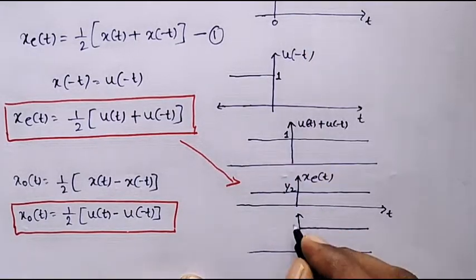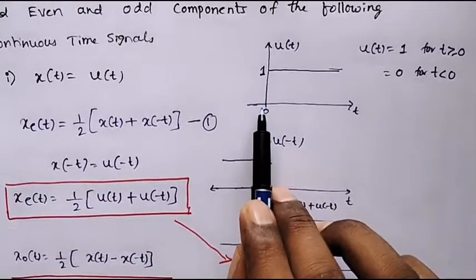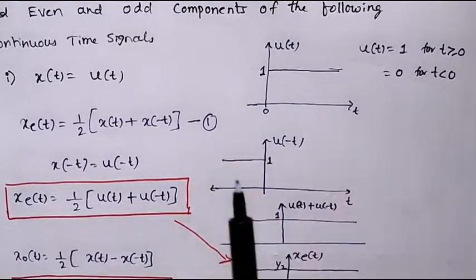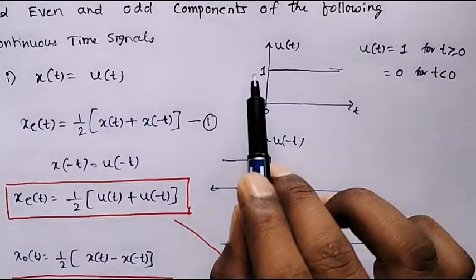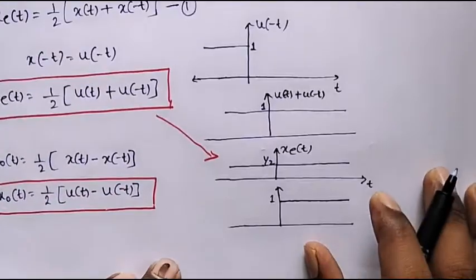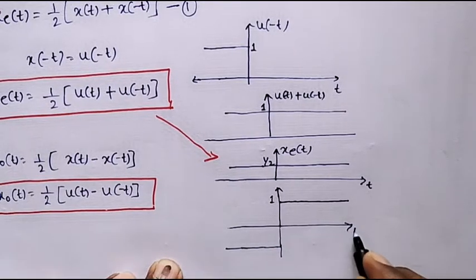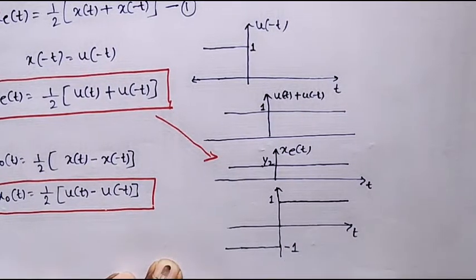For the right half the magnitude is 1. Now for t less than 0 the amplitude of u(t) is 0, and for u(-t) the amplitude is 1. So when we subtract 1 from 0 we get -1. So -1 can be represented like this. This is the time axis, this is 1 and this is -1.